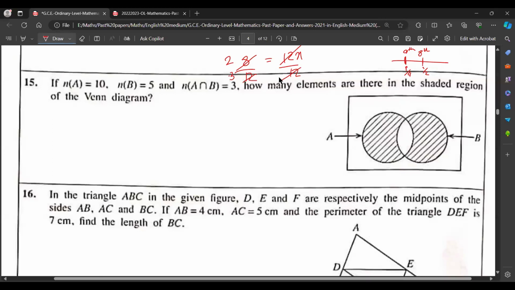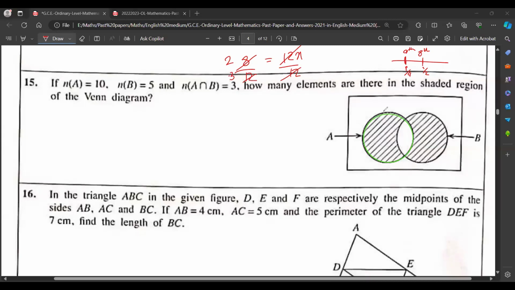Okay, yes. Here n(A) equals 10. n(A) means the whole circle A. If you consider this whole circle, not only one part, A means this whole circle, it should be 10. You have to consider it like that.